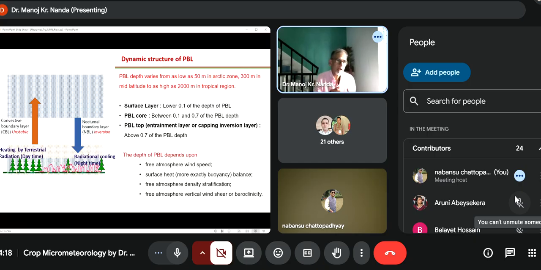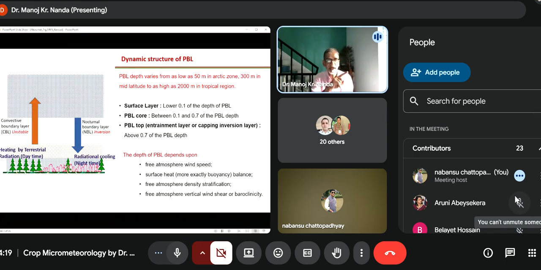So that Coriolis force changes the wind direction, and as it is going to the upper part of the PBL, towards the end of PBL at the free flow layer, the direction is changed by 90 degrees. Means there you are getting geostrophic wind.